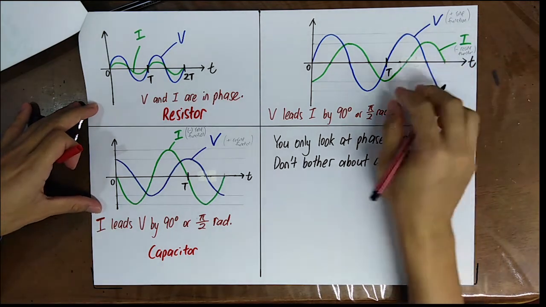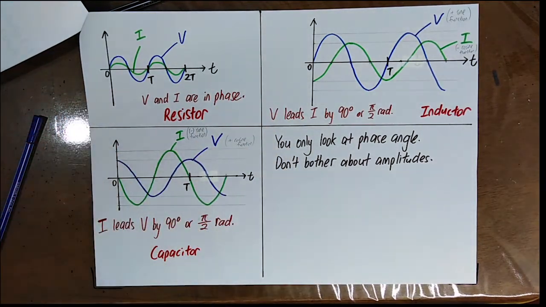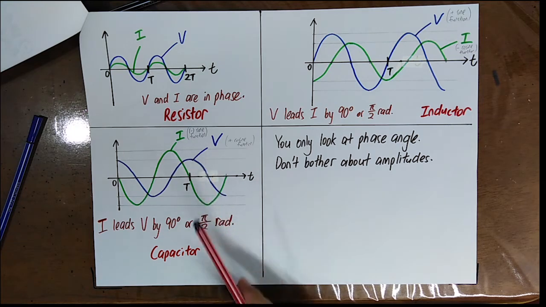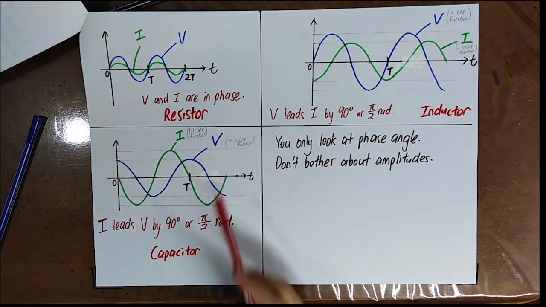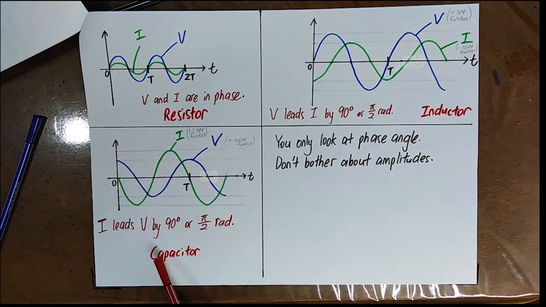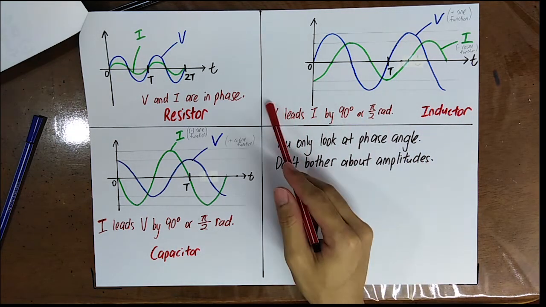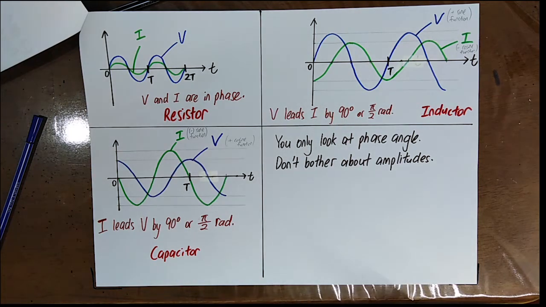These are often the questions that come out in the examination. Please don't get it wrong. Resistor is that they are in phase. Capacitor, C means current, so current leads voltage by 90 degrees. And in the inductor, the voltage leads current by 90 degrees.